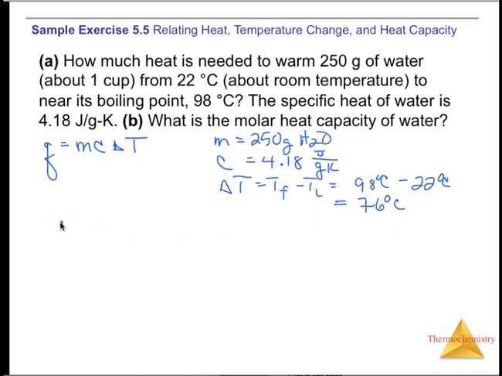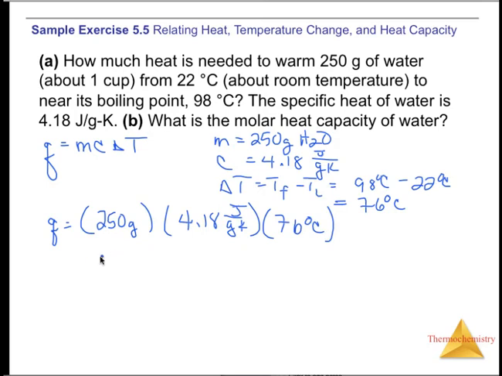Okay, cool. So, how much heat is needed to warm that? Well, the heat needed, Q, is equal to the 250 grams of water times 4.18 joules per gram Kelvin times the 76 degrees Celsius. And this will give me joules.